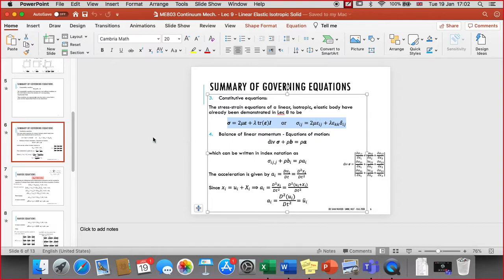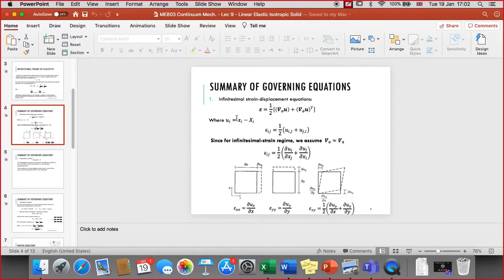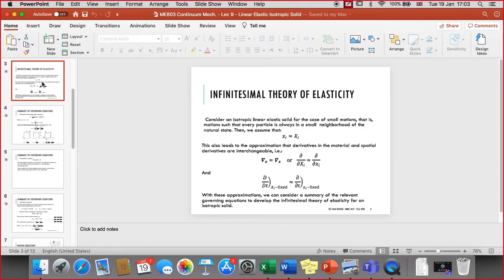After that, we also pulled in all our previous knowledge regarding just kinematics and just kinetics. That is, we pulled in how the displacement and strains are related to each other, and we discussed a little bit in more detail that if we are developing this very particular theory of elasticity, that is, when we're looking at only small strains or small infinitesimal deformations, then the nice thing is that our Lagrangian and Eulerian descriptions become approximately the same thing.